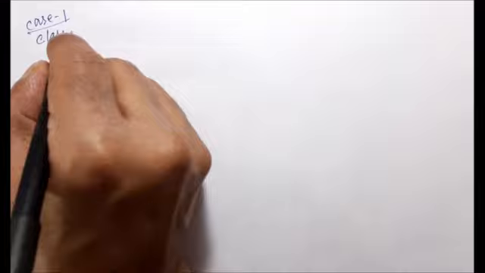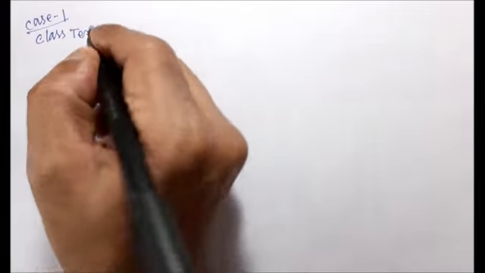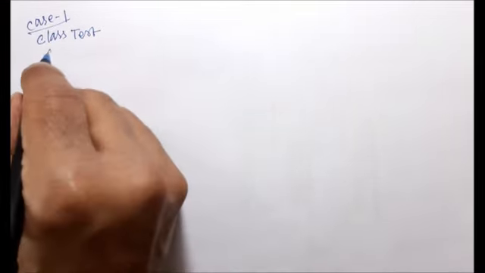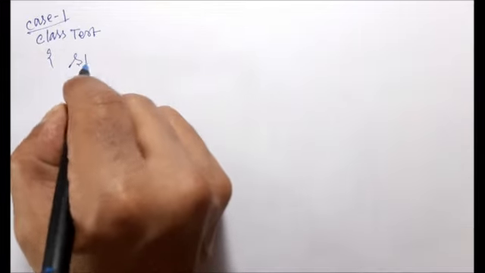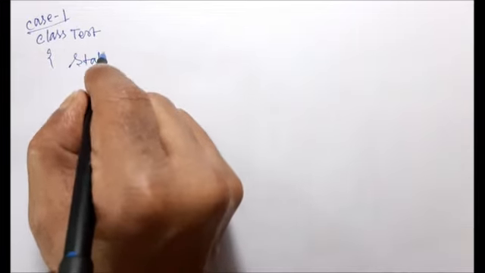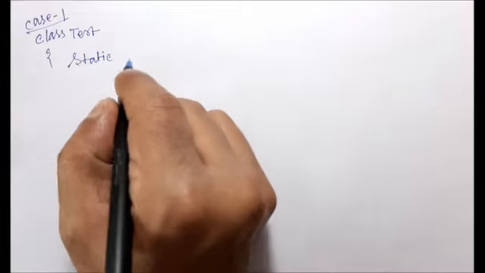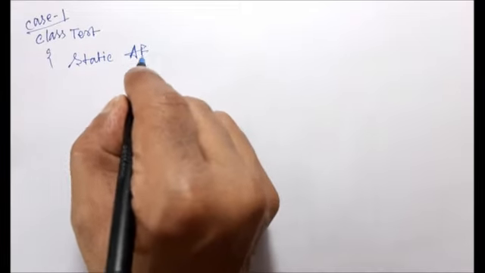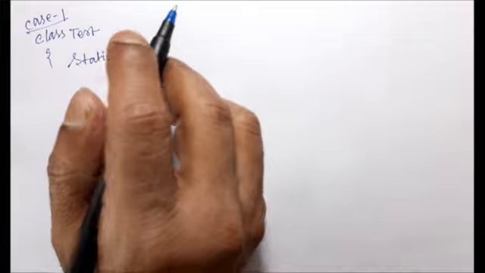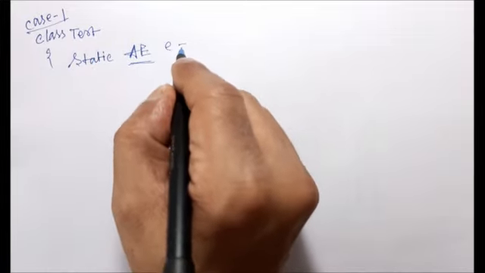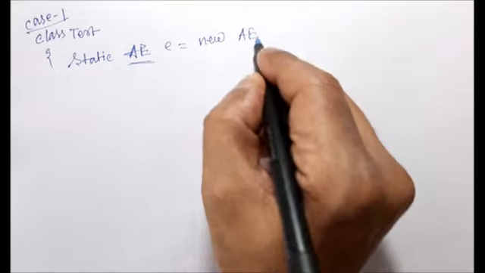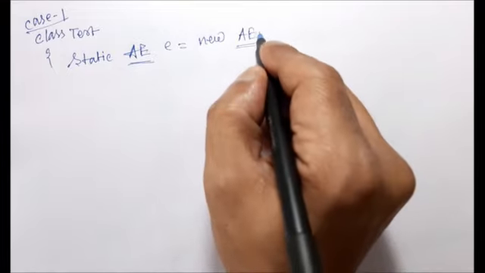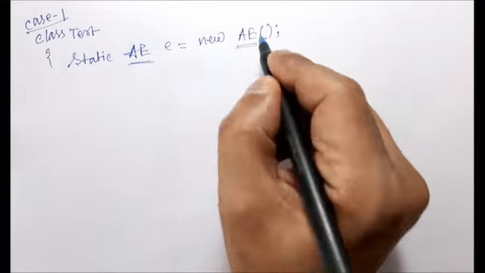Suppose I am taking a simple example, the same example. I want to create an exception. The reference variable is static. So, for example, ArithmeticException, I am writing it in short, a equal to new ArithmeticException. A stands for ArithmeticException, right, new ArithmeticException.